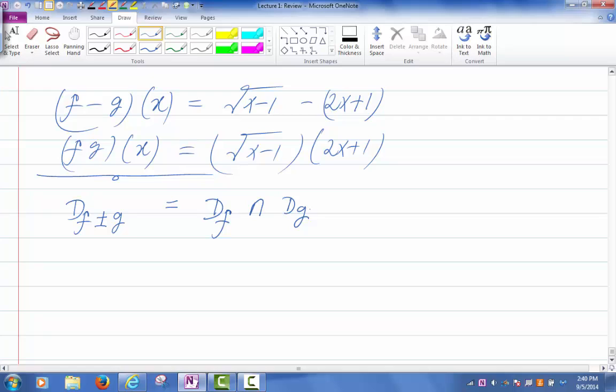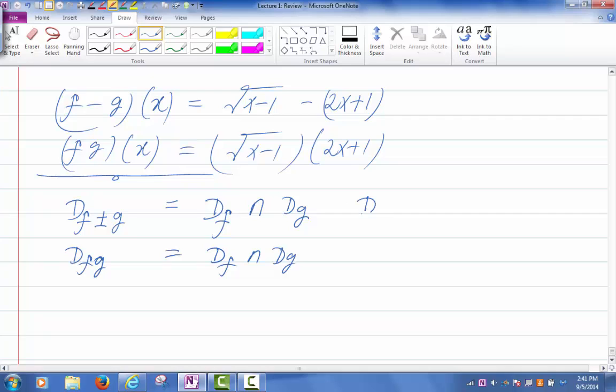Whatever the input is, it has to be in the domain of both functions in order to calculate f plus minus g of x. Is that clear? The same way, what is the domain of f times g? Also, it will be the same, right? As long as x is in the domain of both f and g, you can calculate the product.